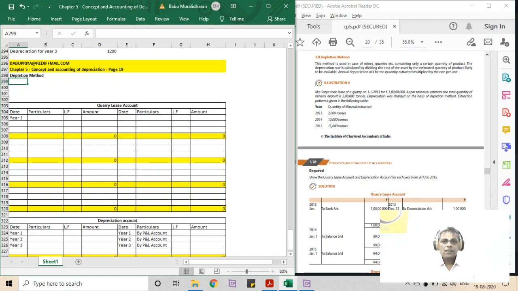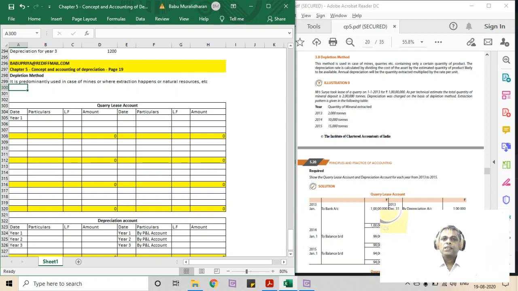The difference is that the depletion method is normally used in the case of large mines, or where extraction of natural resources happens, where the depreciation can be calculated based on the total capacity. Let's say a coal mine is available for a set restricted period, like 50 years, where the deposits of coal can be extracted.